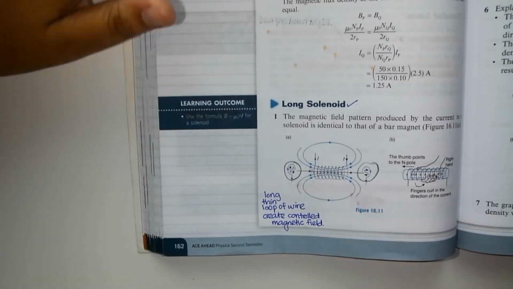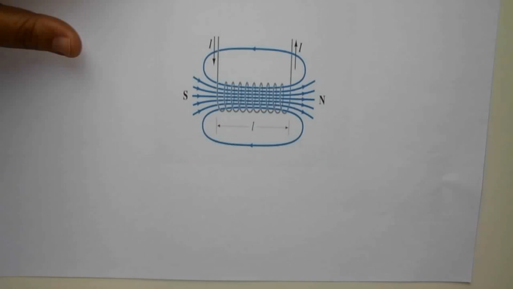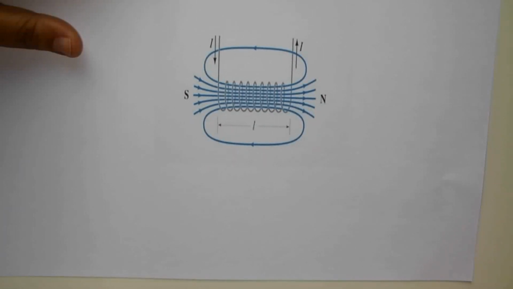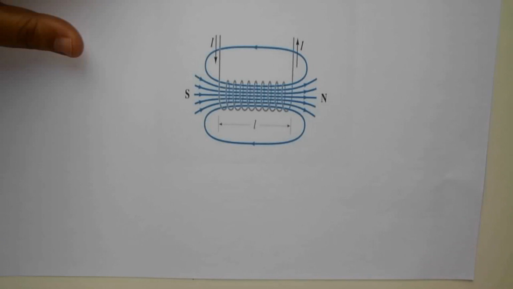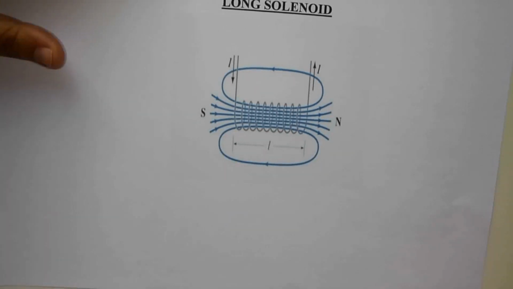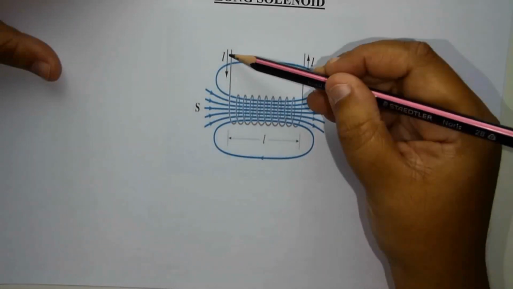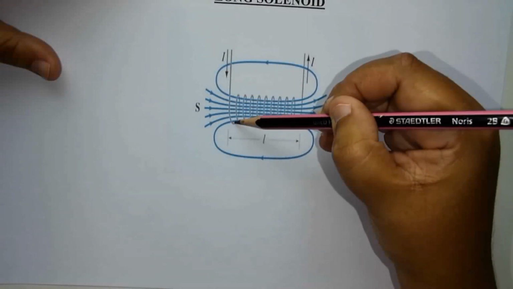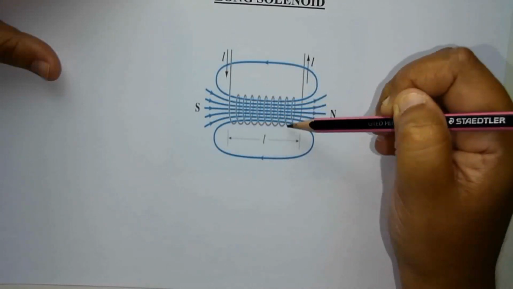Now I have a solenoid here in this drawing. They are made of thin long wires, and then they are looped all together.